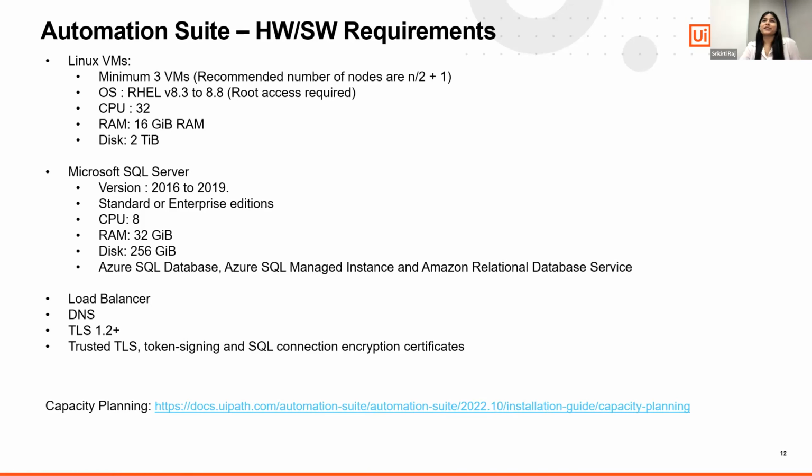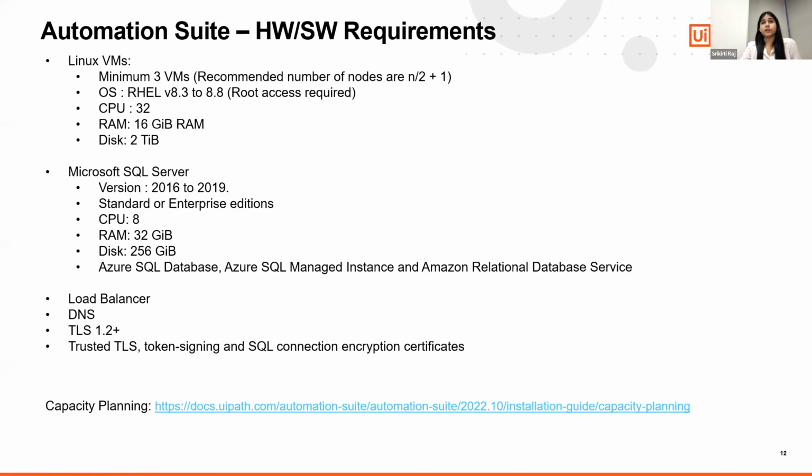Here come the initial requirements. From this point, we are starting with the prerequisites of the installation. In the upcoming slides, we'll be talking more about hardware and software requirements, because for the Automation Suite installation, we have to take major time to understand what configuration we will need for the setup.